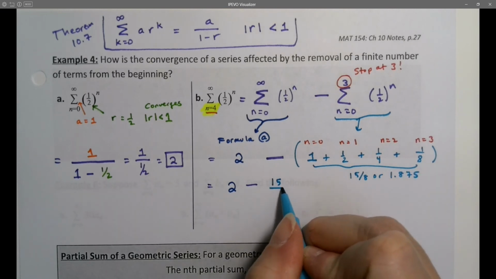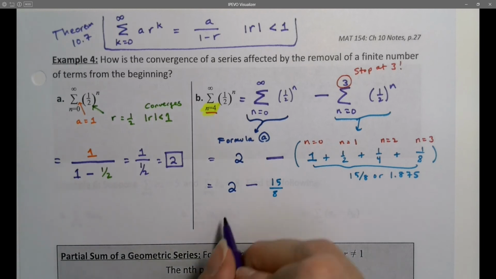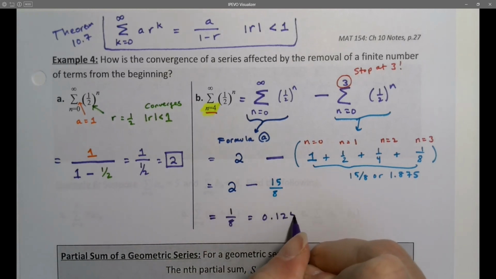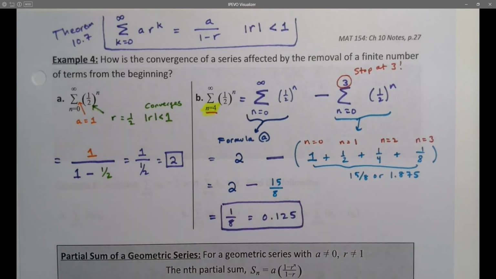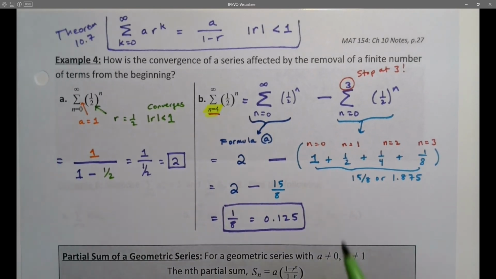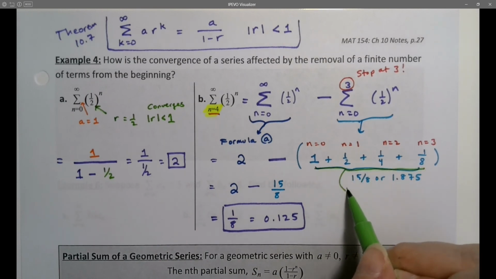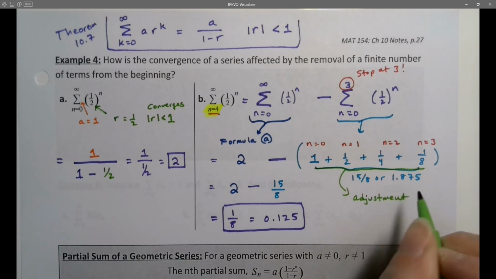So I'll do the fraction, because the fraction's harder. So if I do 15/8, so this is 16/8, take away 15/8, which would be 1/8, or 0.125. So think about what we're doing. We're making an adjustment right here. This bit right here is an adjustment from the 2, right?